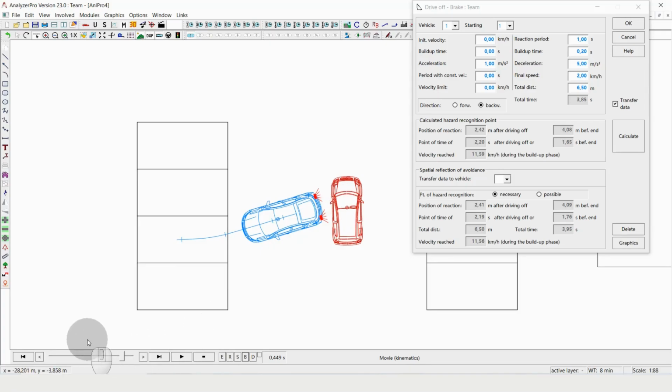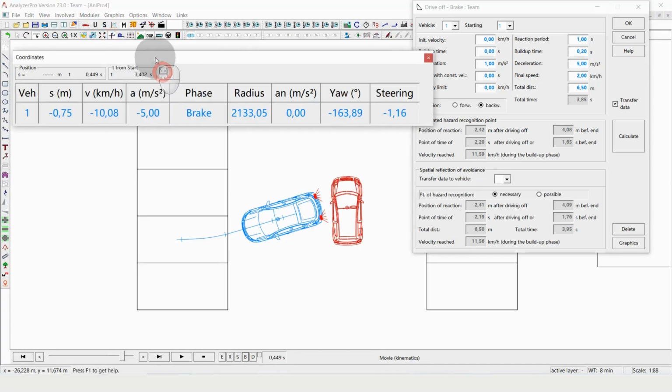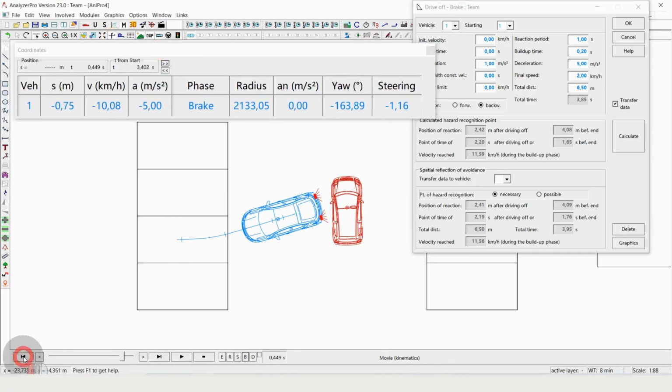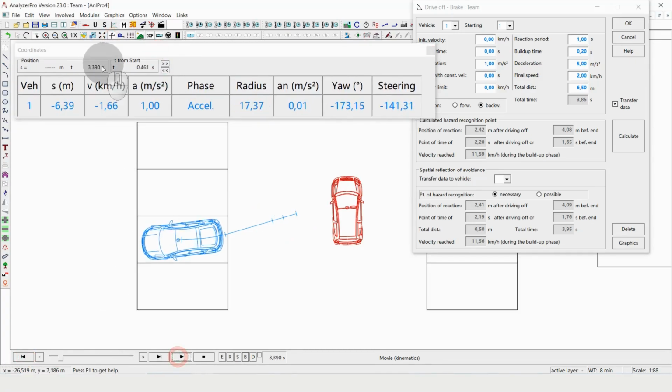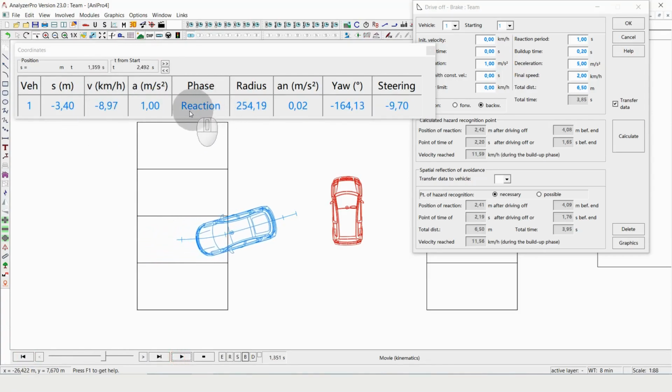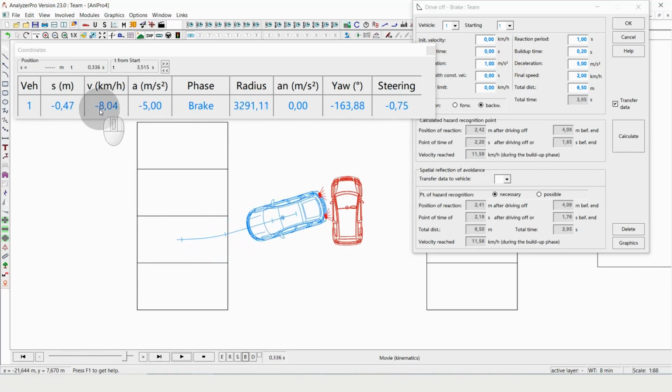We could now work on the movement of the red vehicle and draw our conclusions from that. We can also have a look at the coordinates, seeing, okay, this is the acceleration phase, reaction phase, and so on, and then a collision with 2 kilometers per hour.